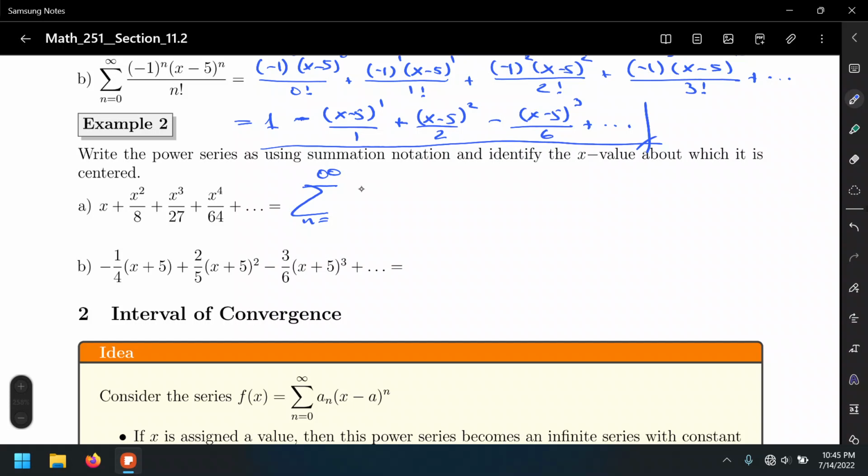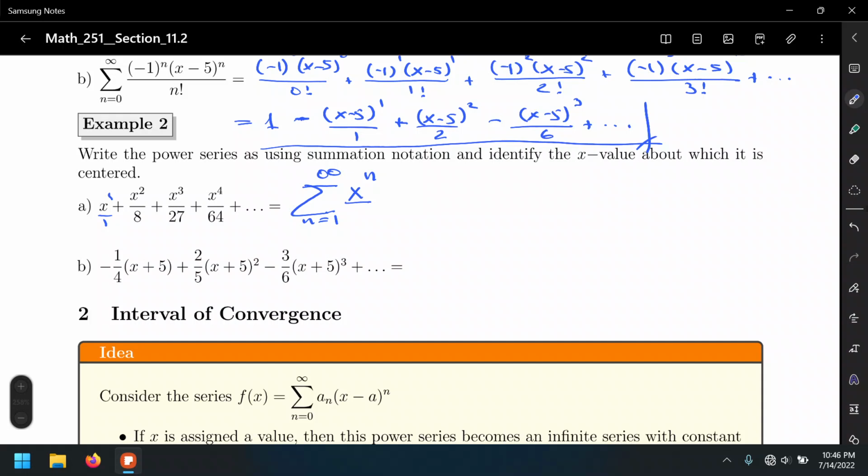So in this case we have x's. So yes, there's going to be an x to the n, and we start the series at n equals 1. Yes, x to the first, and then we have an invisible 1 here. That sounds good. And then we have the sequence of numbers 1, 8, 27, 64.